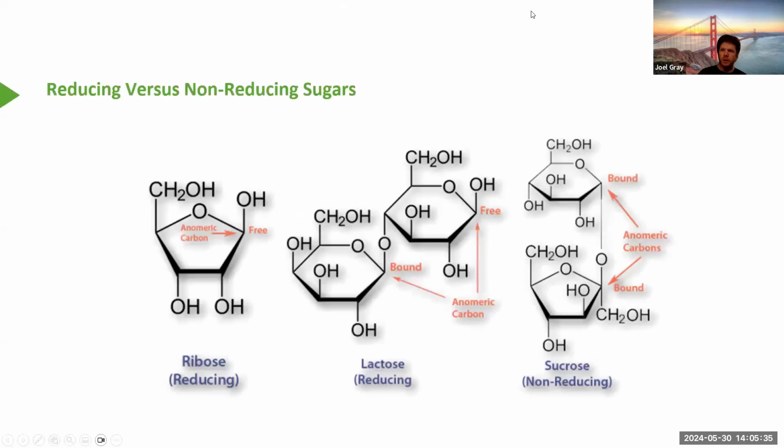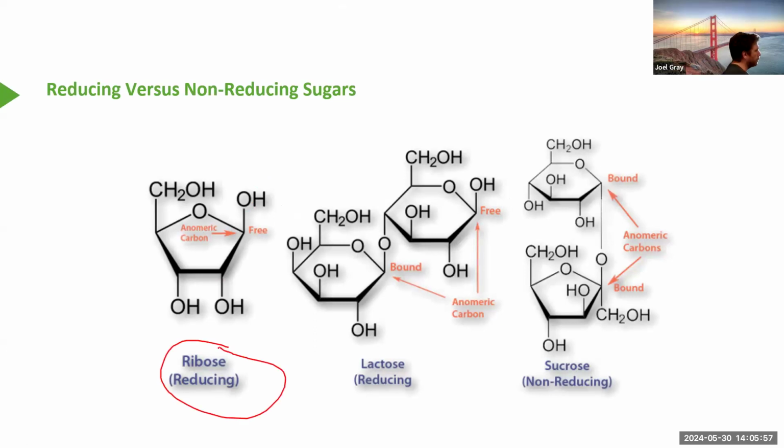So what we're going to do today is finish up our discussion of sugars, and we're going to use that as our means to segue into a discussion of nucleic acids and nucleotides. So when we look at a monomer or a monosaccharide shown here on the left, the example that's provided is ribose.